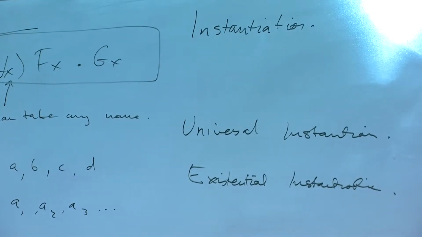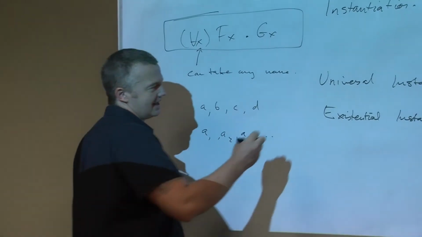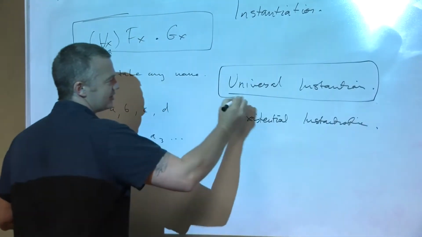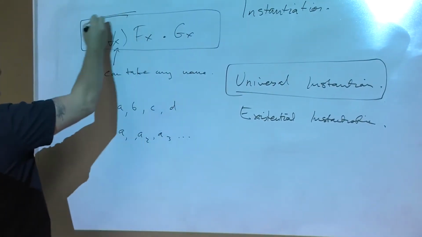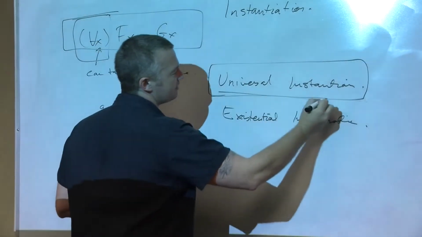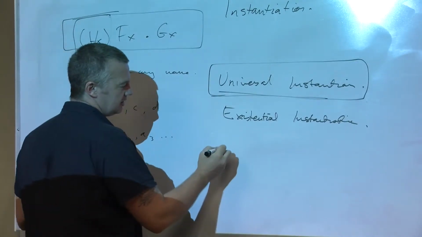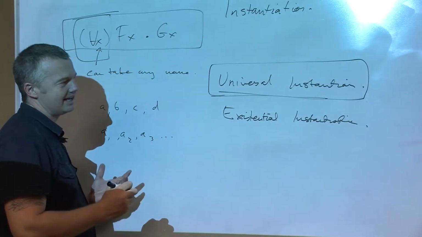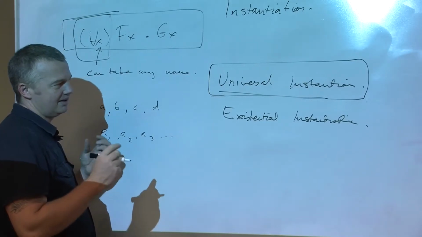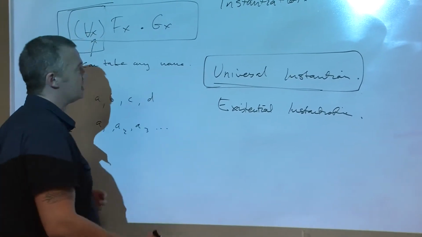Universal instantiation is the simpler of the two. And universal instantiation basically says, of course it applies to the universal quantifier, that when the universal quantifier is the main logical operator in a formula, we can instantiate the variable that it has scope over to any name. So what do I mean by that?